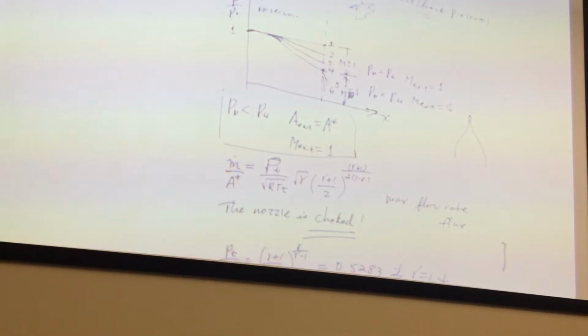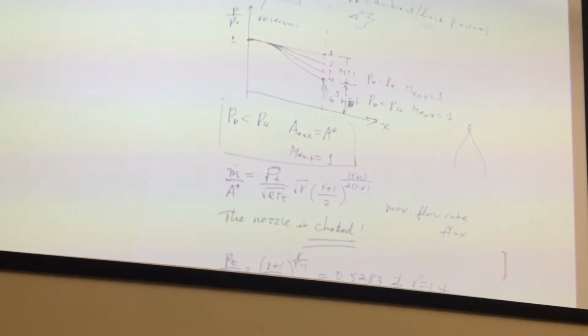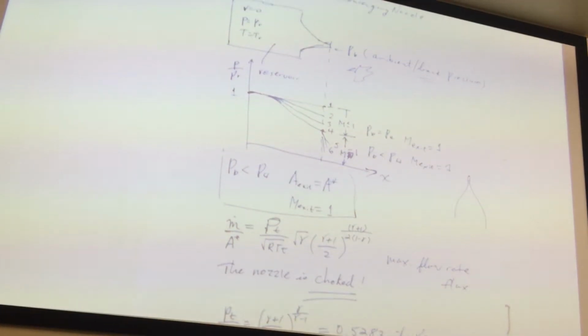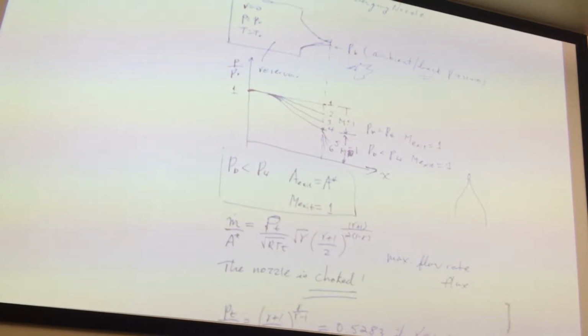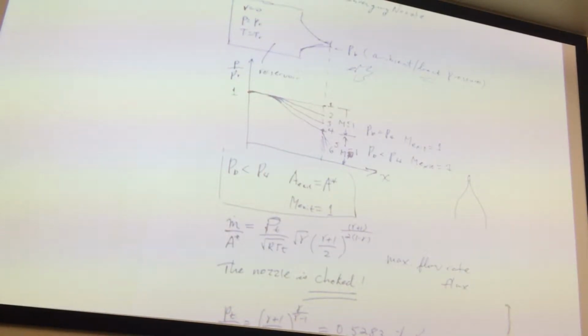Okay. Now, after that, we were looking at convergent nozzle flow. Now, of course, a convergent nozzle flow, if there is a location for the Mach number to be equal to 1, will be right at the exit. Right?